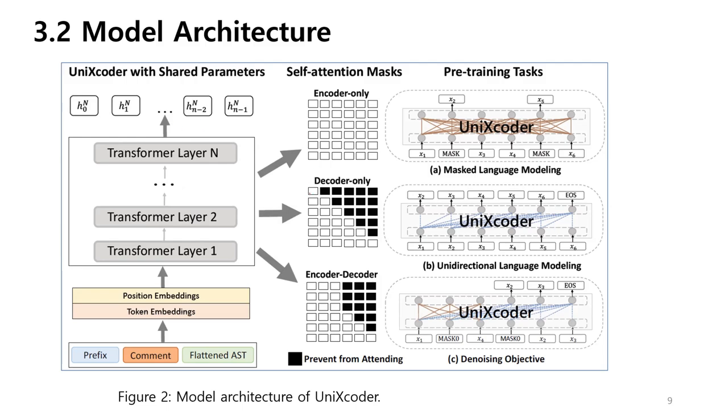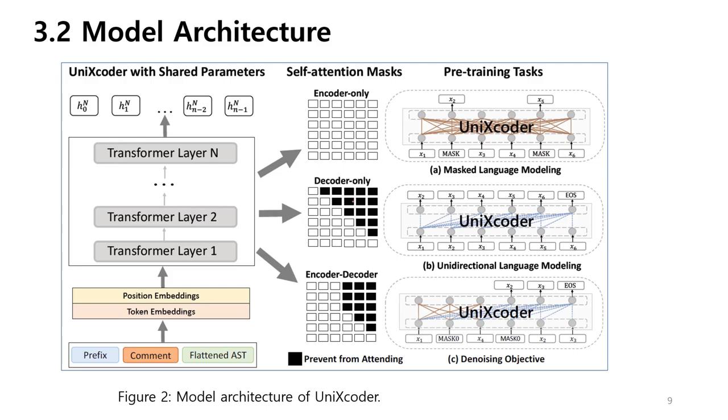In the second block of this module, we have these attention mask mechanisms. For encoder only, we use bidirectional attention, so every token can attend to all other tokens and itself. For decoder only, we attend only to previous tokens.